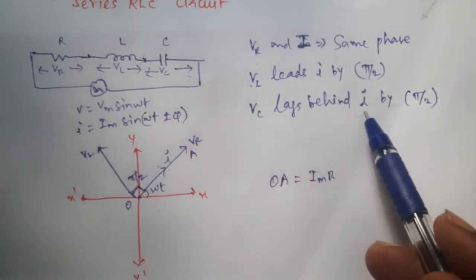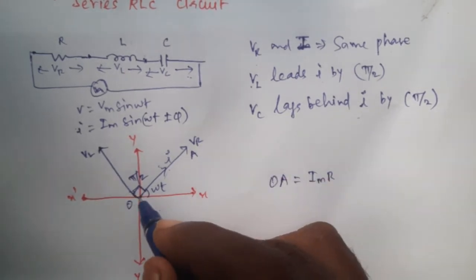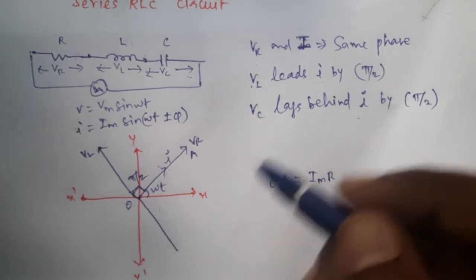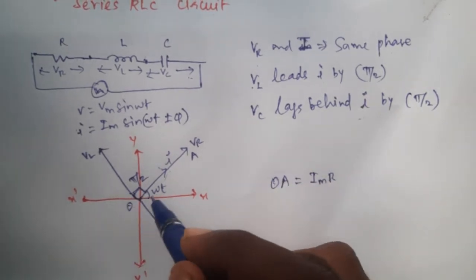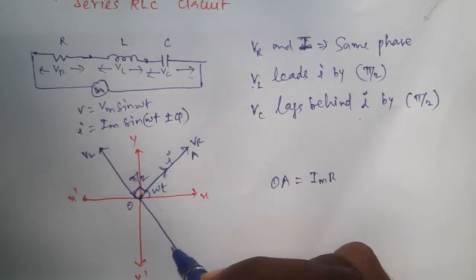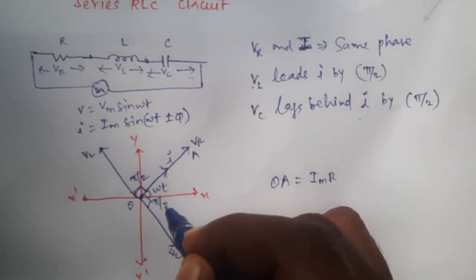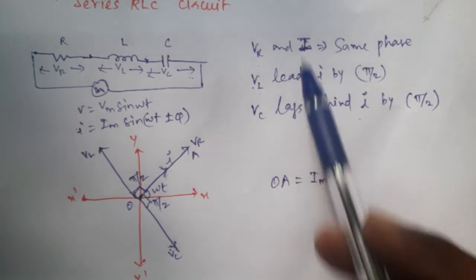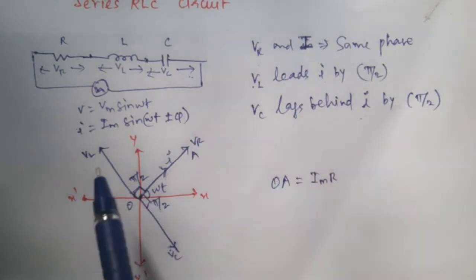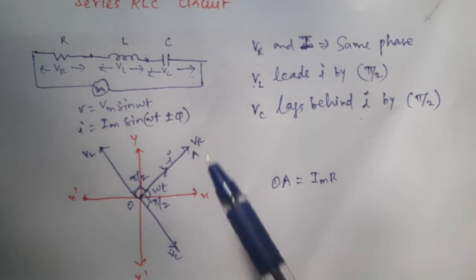Then VC lags behind I by the phase angle of pi by 2, so this VC lags behind I, and the angle between I and VC is 90 degrees, pi by 2. So these three concepts are explained in the phasor diagram: VL leads I, VC lags behind I by pi by 2, but VR and I are both in the same phase.